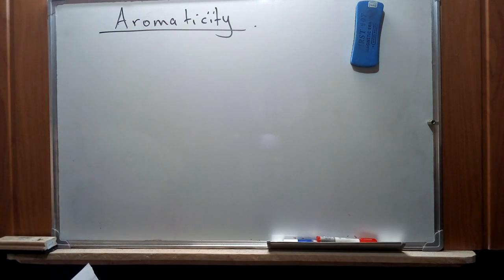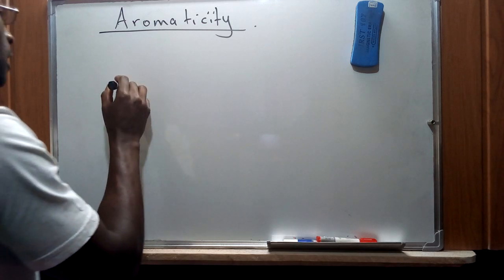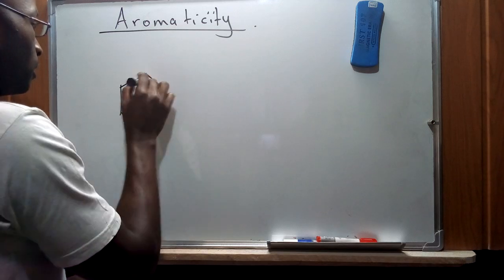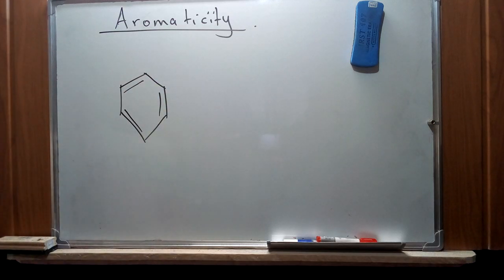Now, the concept of aromaticity is a property that is associated with the extra stability of certain types of pi systems. And of course, I had given a demonstration using the benzene ring to represent organic compounds, or compounds with similar ring systems.